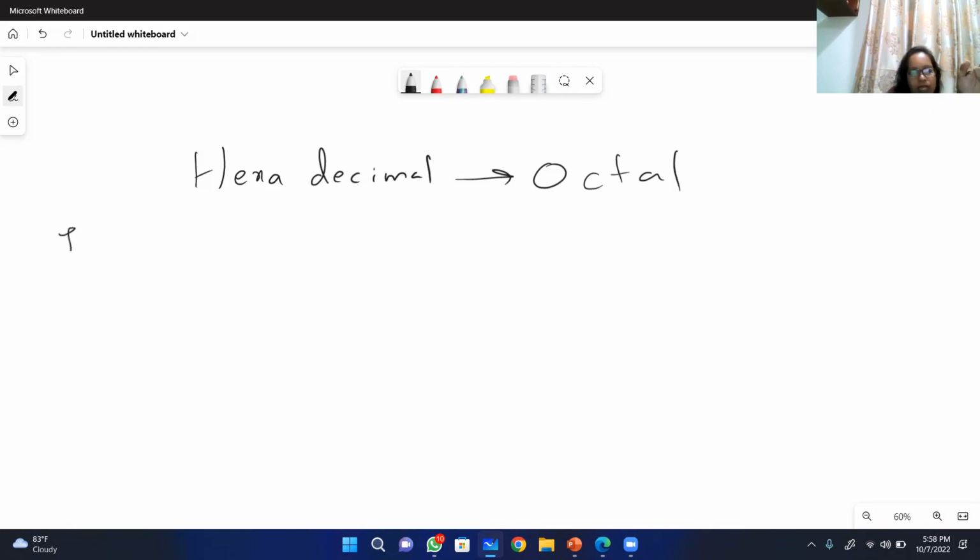So the first method we can take is, you can convert the given hexadecimal value into binary first and then the binary value into octal. That is one method.